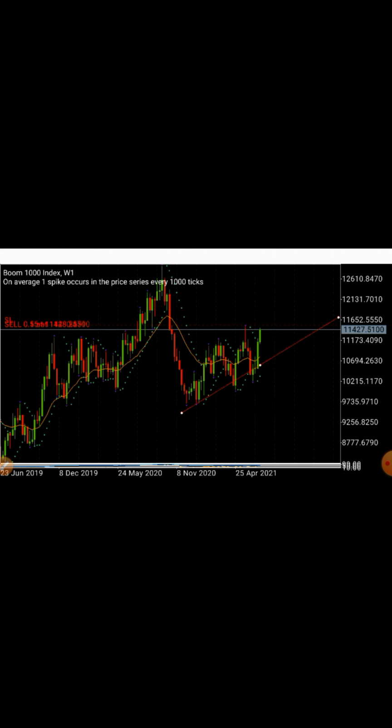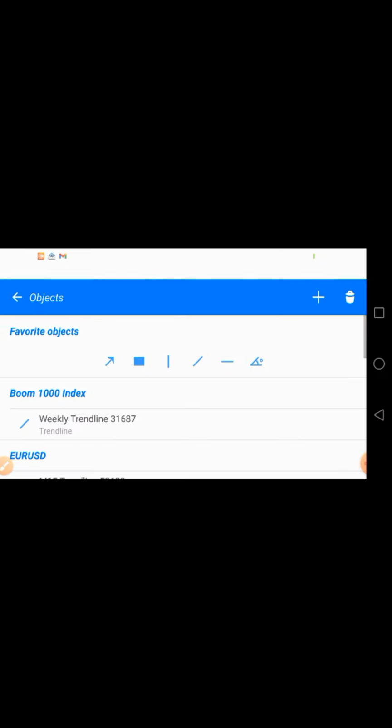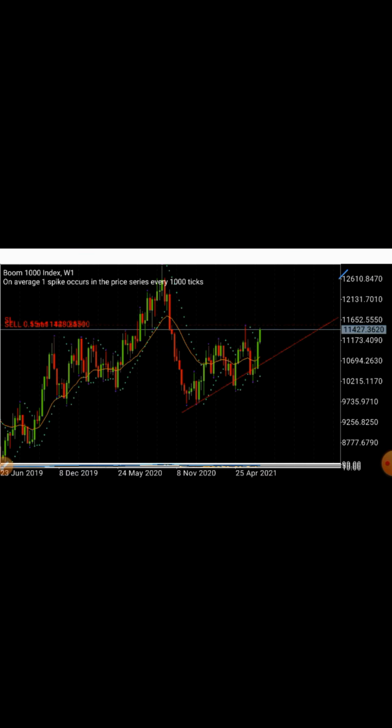Okay guys, let's make adjustments. Sorry about that. Then a twin trend line. Later we'll make the adjustment, cutting through here.